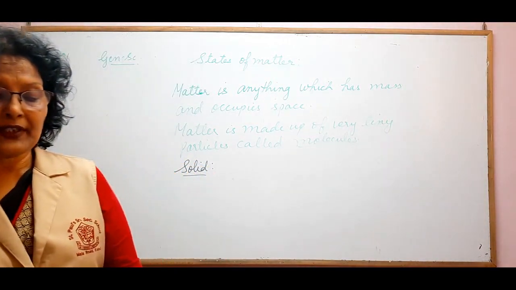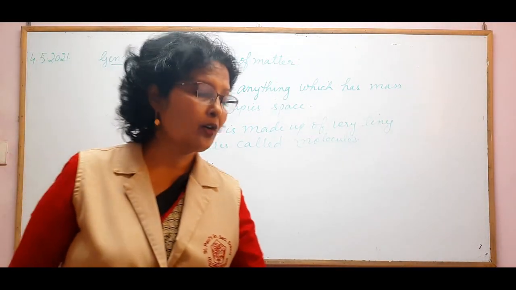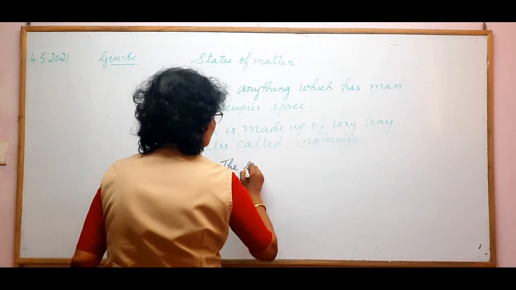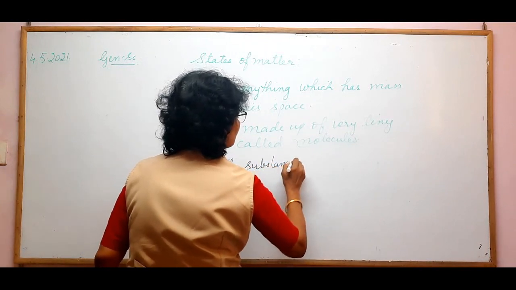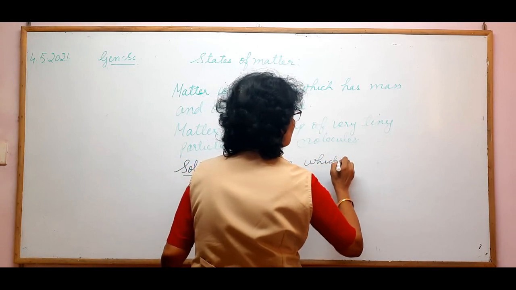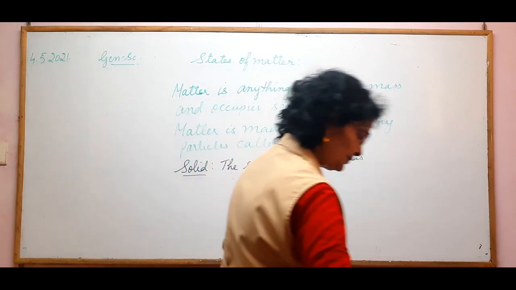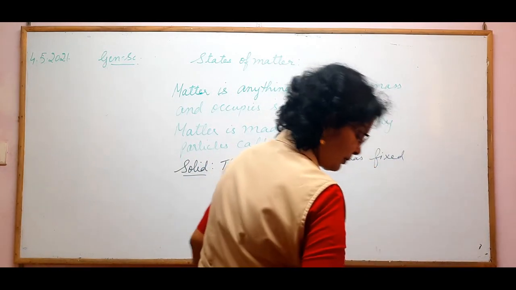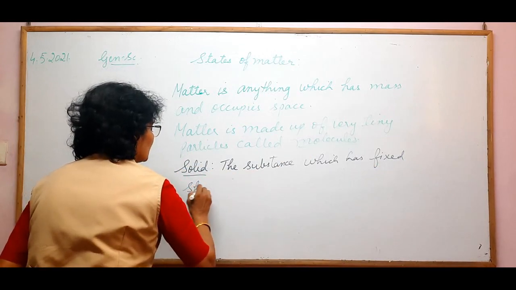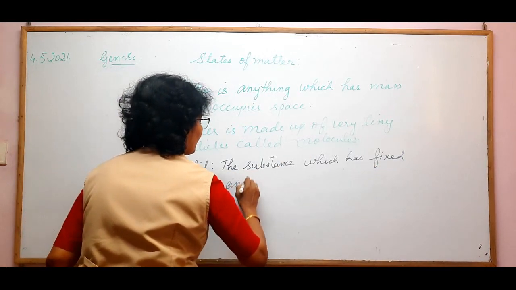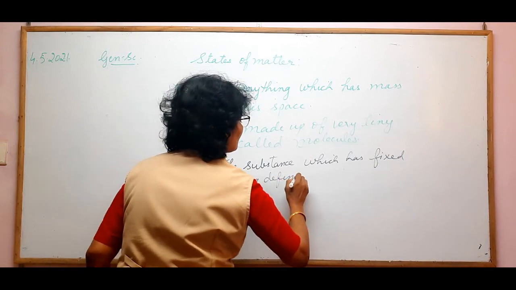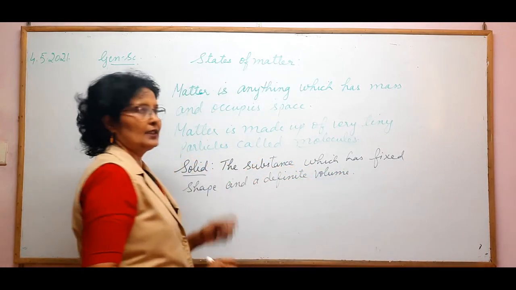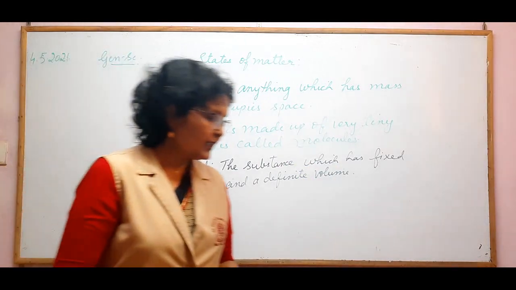The substances that have fixed shape and definite volume are called solid. Okay, these things if you see, these are called solids.